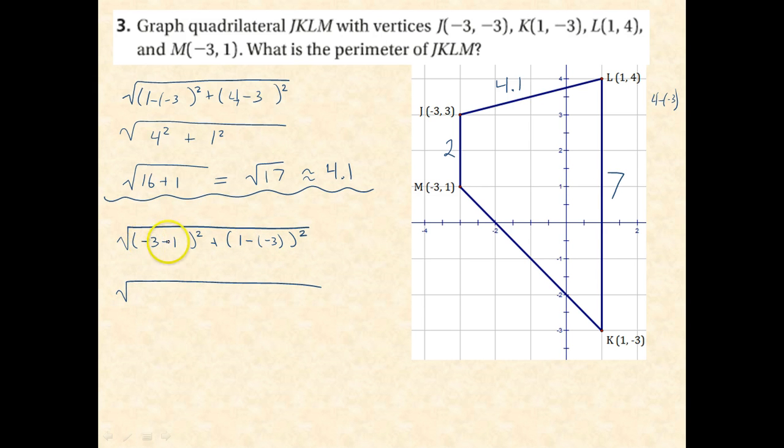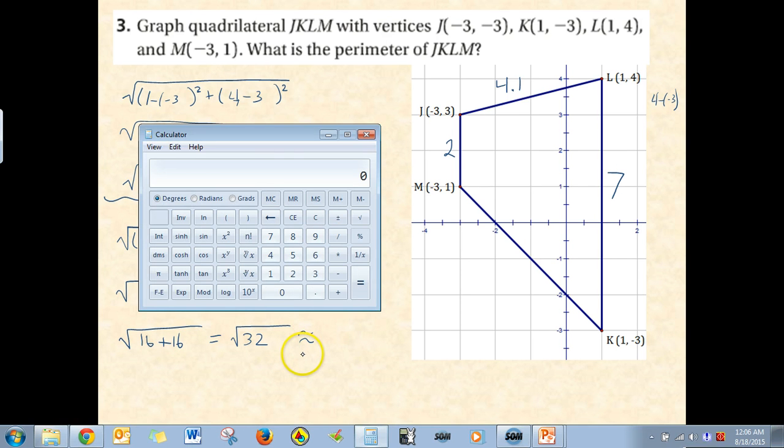So that's negative 3 minus 1 is negative 4. 1 minus negative 3 is 1 plus 3, so that's 4. Square root of 16 plus 16 is the square root of 32, which is approximately equal to 5 point, we would have to round up, so 5.7.